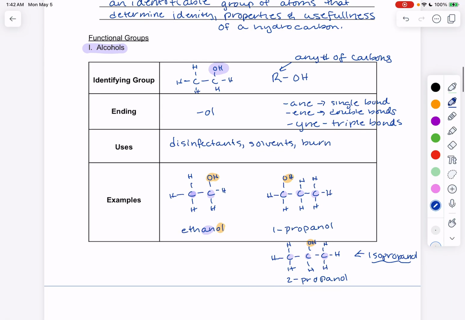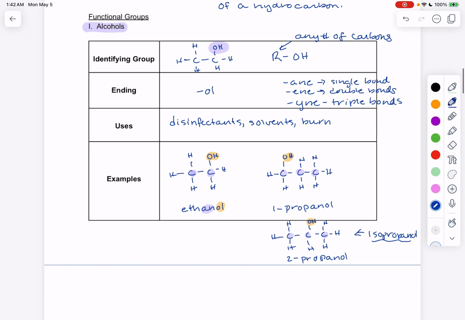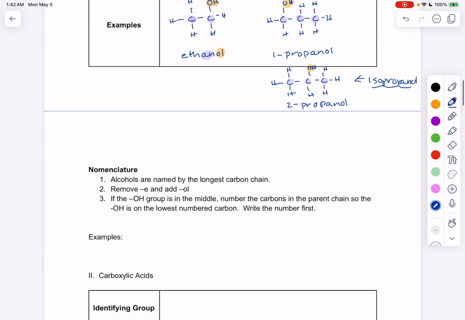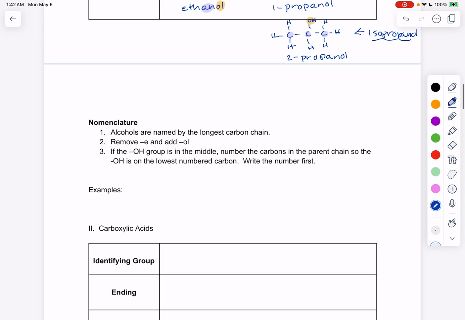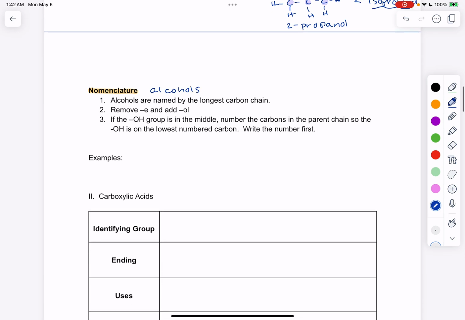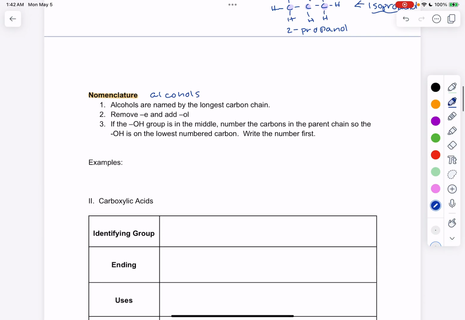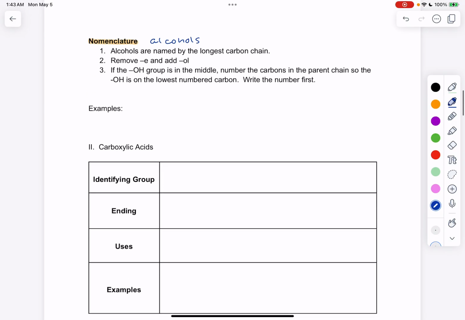We'll go do some practice ones here in a second. This next part tells you how to name them. You can see here the rules for naming. This is for alcohols. And we did a couple of examples up there, so I'm not going to do some more examples.